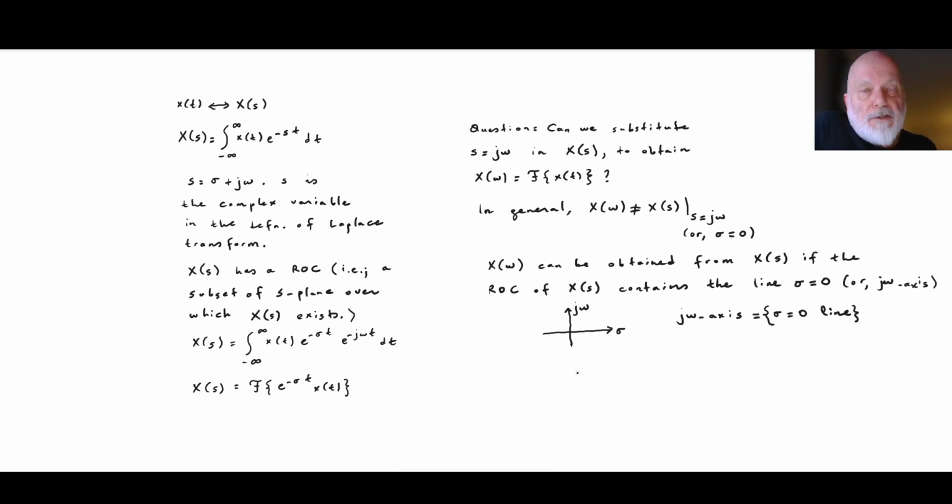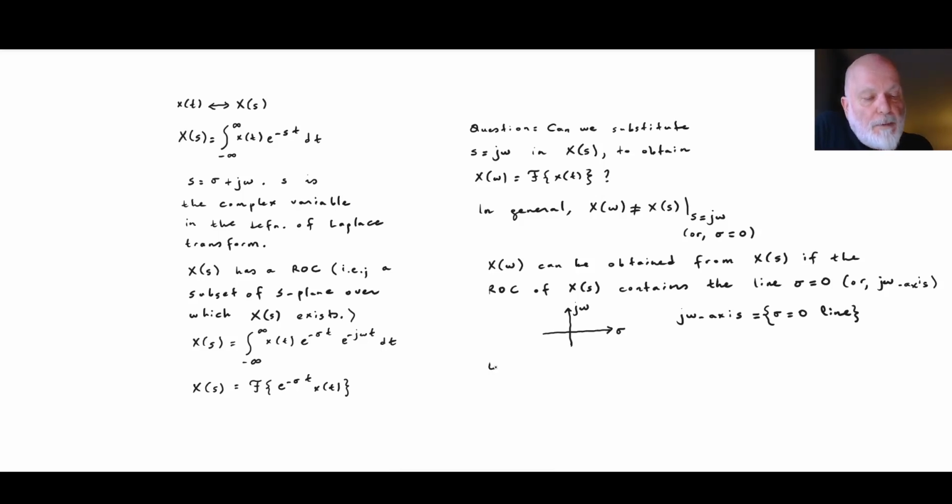So if the region of convergence of X of s contains the line sigma equal to 0 or the j omega axis, then X of omega can be obtained from X of s by substituting s equal to j omega.